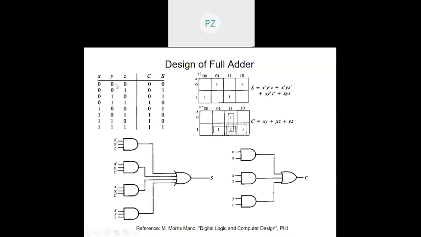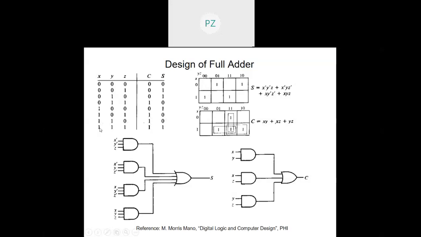So 0 plus 0 plus 0, sum is 0, carry is 0. 0 plus 0 plus 1, sum is 1, carry is 0. 0 plus 1 plus 0, sum is 1, carry is 0. 0 plus 1 plus 1 will be 1 0, so a sum bit being 0 and a carry bit being 1. 1 plus 0 plus 0 is the sum bit being 1 and the carry bit being 0. 1 plus 0 plus 1 is 1 0, so a sum 0 and a carry 1. 1 plus 1 plus 0 is having a 0 sum and a carry 1.